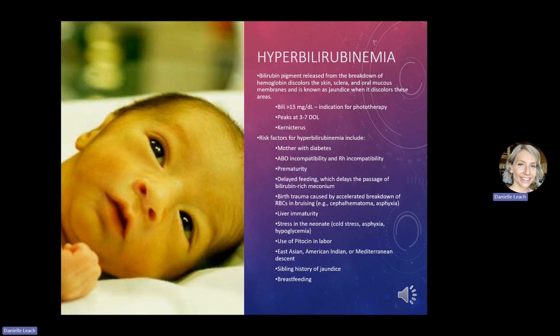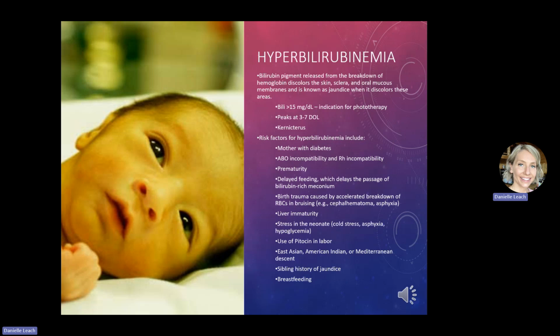The specific laboratory value, the common one that's an indication for phototherapy, is around 15 milligrams per deciliter. It is going to vary based on how old the baby is, what their gestational age is, and how much they weigh. But 15 is an average number.